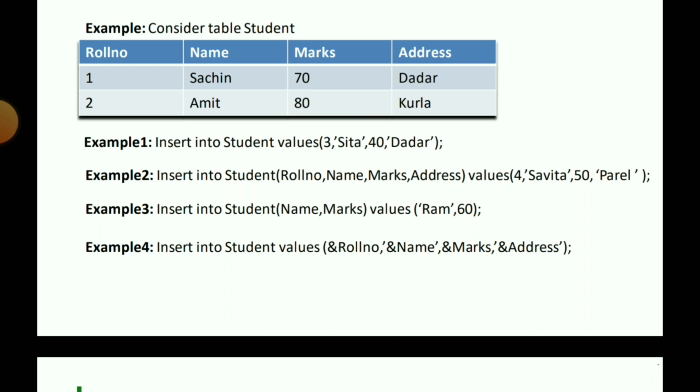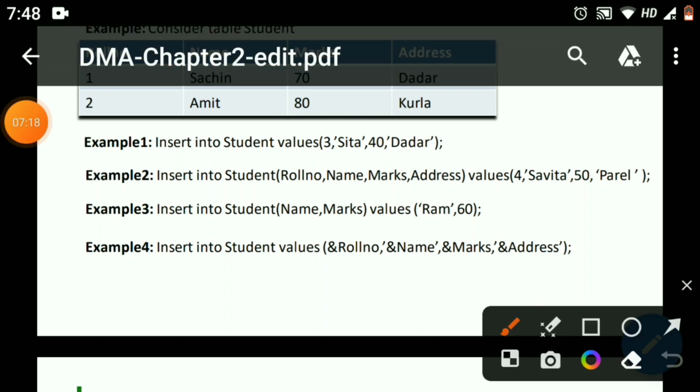After that, the last command is insert into students values ampersand roll number, ampersand name, ampersand marks, ampersand address. What will this command do? This command will insert the records in these particular columns.